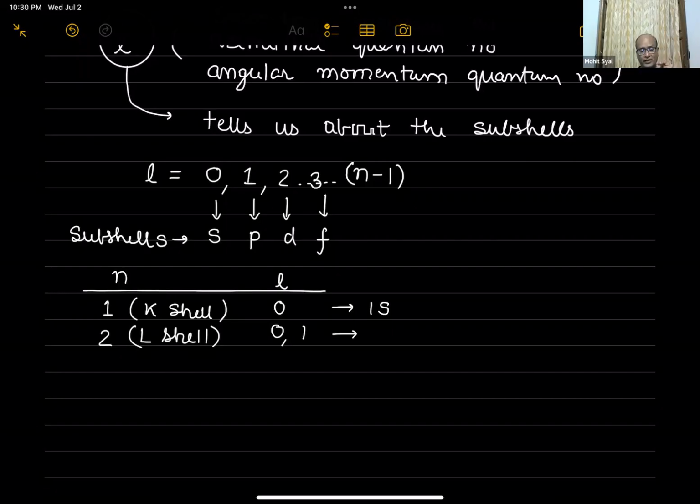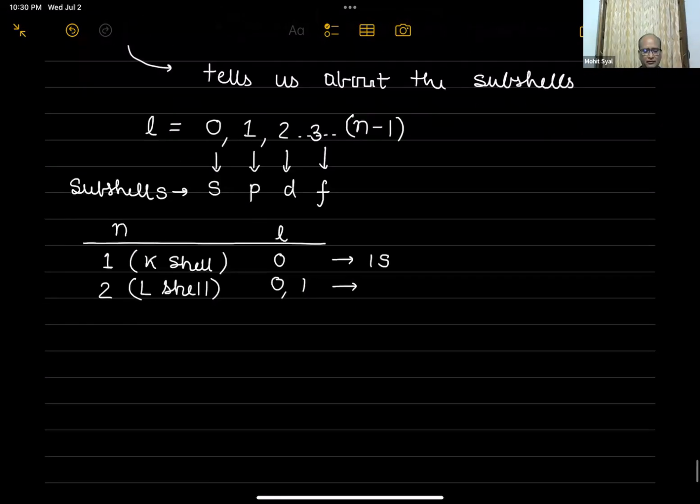These are the mathematical equations for psi: you put the value of n, then the value of L, and you get that particular subshell. Always remember, when we do counting we start from 1, but for subshells we start from 0: 0, 1, 2, 3 are S, P, D, F.